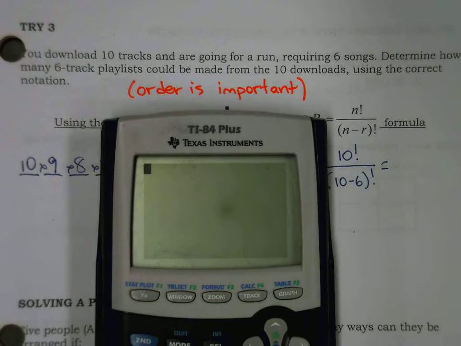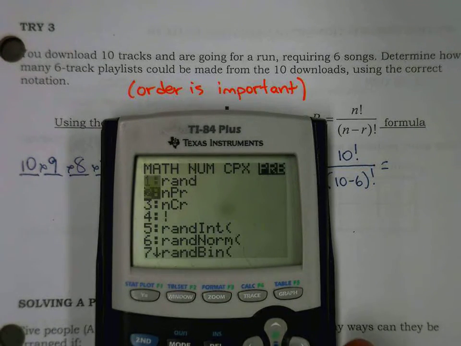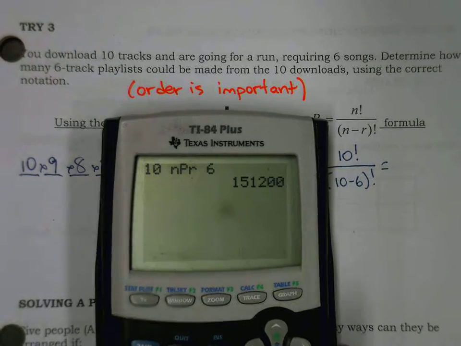So if we press the 10 and then math over to PRB, we're going to select the option that says nPr. So I pressed the 10 first, I went to my nPr option, and we're going to select 6. This tells us we've got 151,200 different playlists that could be made of 6 songs from a choice of 10.